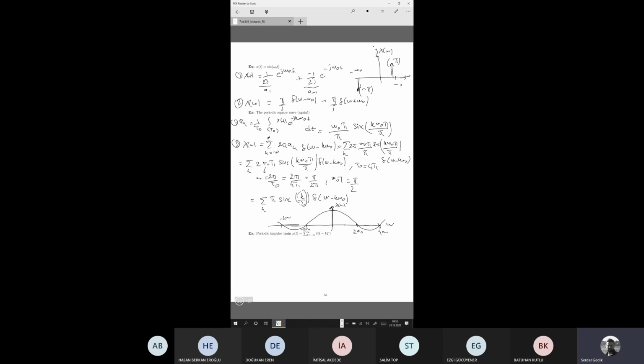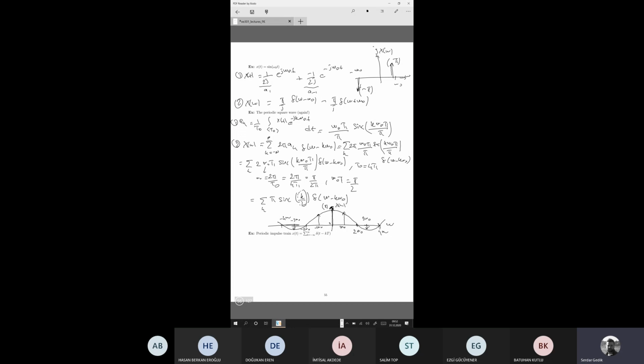So there is an impulse here. There's an impulse here. There's an impulse here. There's an impulse there. An impulse there. So this is omega 0. This is minus omega 0. This is 3 omega 0. This is minus 3 omega 0. So at k equals 0, I know that sinc is 1. So the area of this very first impulse is nothing but pi here.